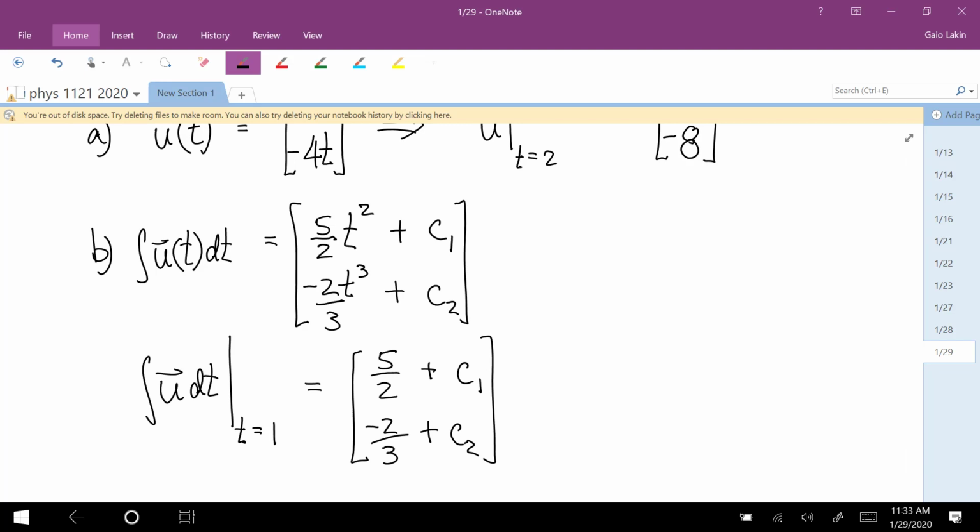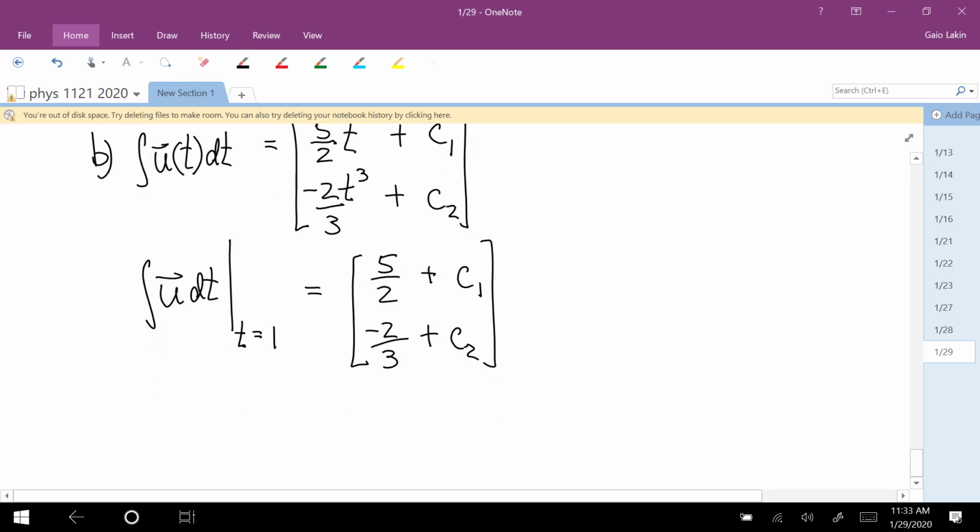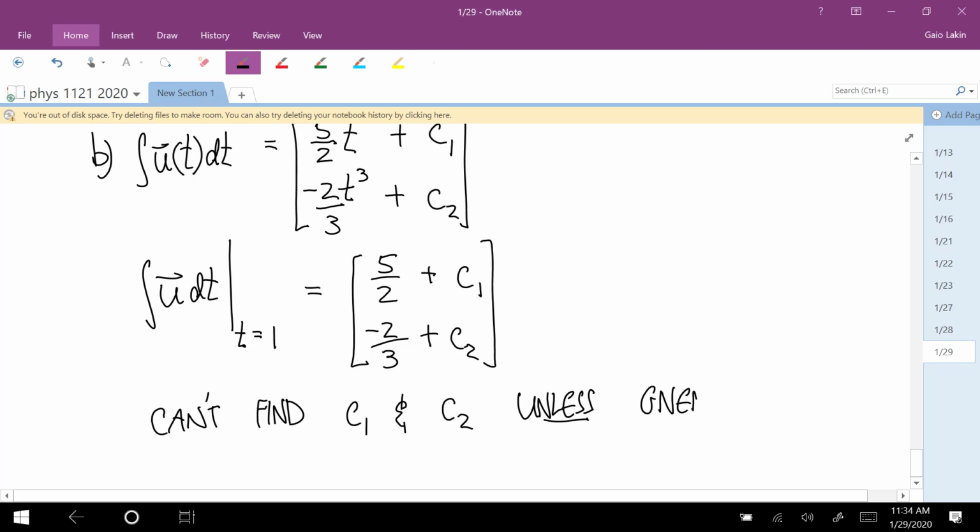So how would we calculate those? We'd need to be given boundary conditions at the start of the problem. So we can't find C1 and C2 unless we're given boundary conditions.